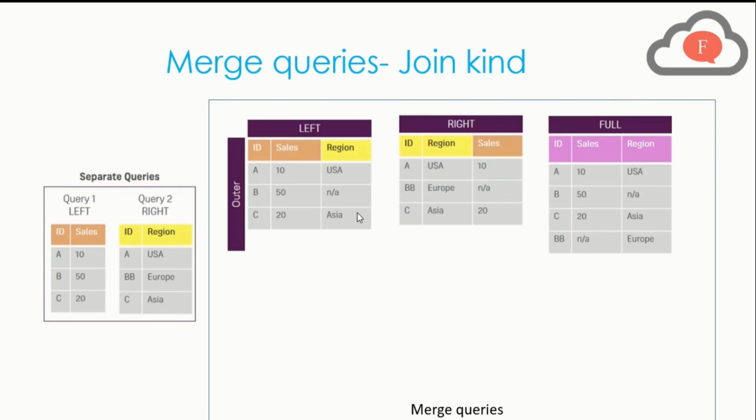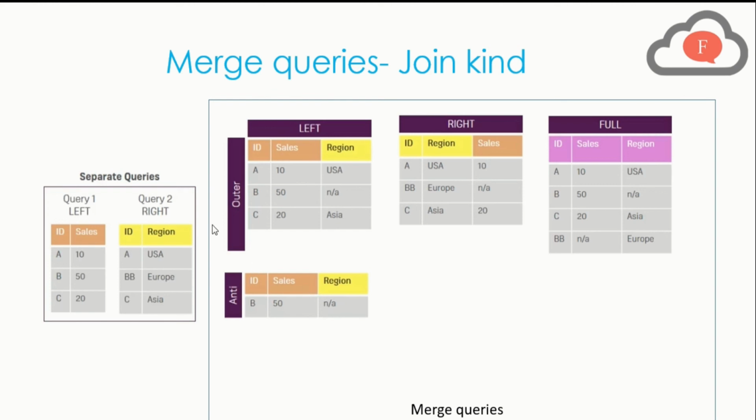There is also another option available for merging queries, that is anti, which is kind of the opposite. If you want something that is not available in this query, what do you look for? For this you will see no region, not available. So this is how the anti query works for the left section.